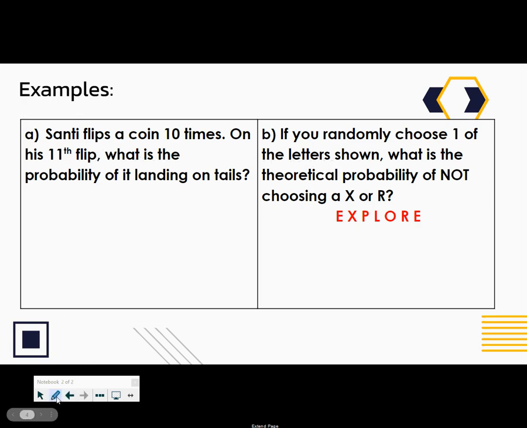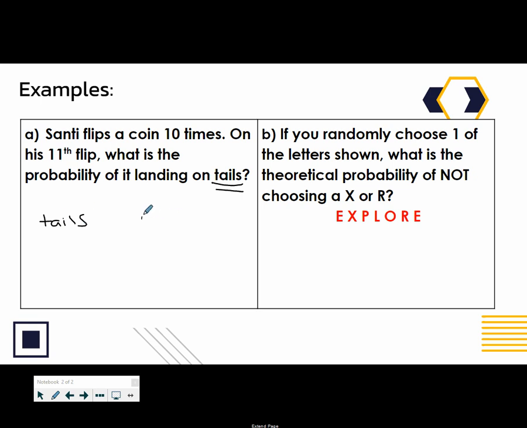A says Santi flips a coin 10 times. On his 11th flip, what is the probability of it landing on a tail? Okay, well, if we think this through, how many favorable outcomes are there on a coin? How many favorable outcomes, meaning how many tails?